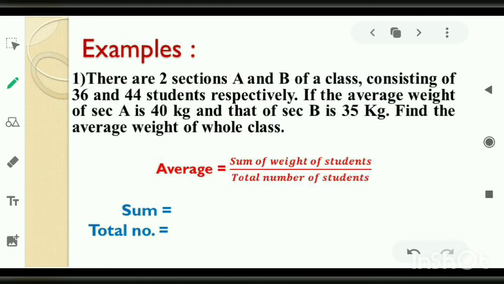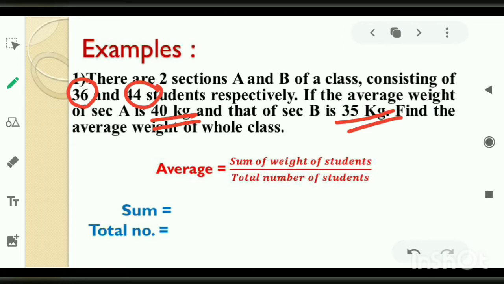There are two sections A and B of a class consisting of 36 and 44 students respectively. If the average weight of section A is 40 kg and that of section B is 35 kg, find the average weight of the whole class.